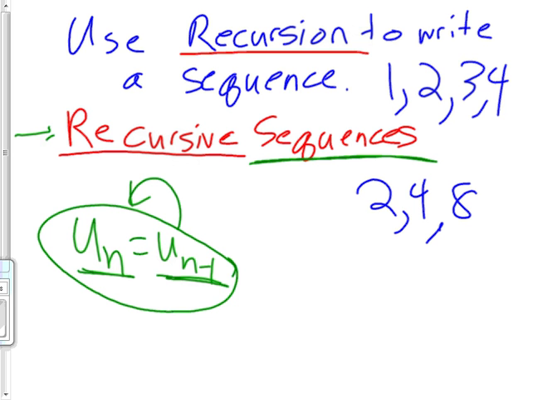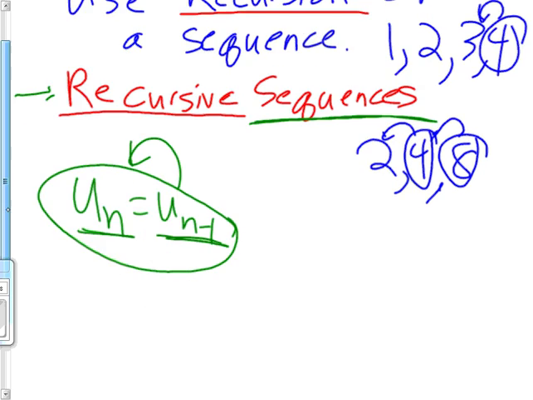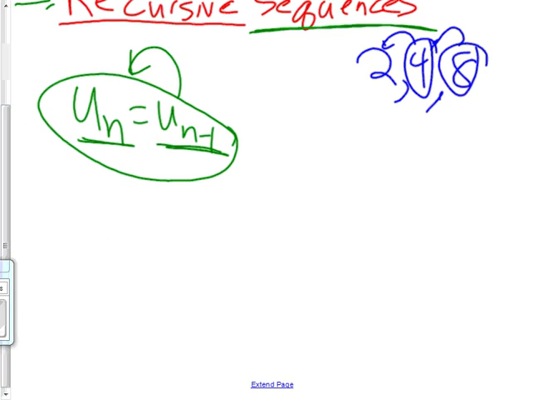Be a geometric, because I'm multiplying by 2. So all that recursion is just saying, to find this term, I need the term before it. And that is what we've been saying in all of our sequences the whole time. That this piece here is what defines it as a recursive function, or sequence, I should say.